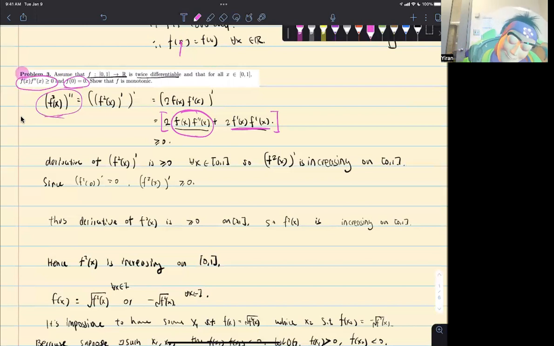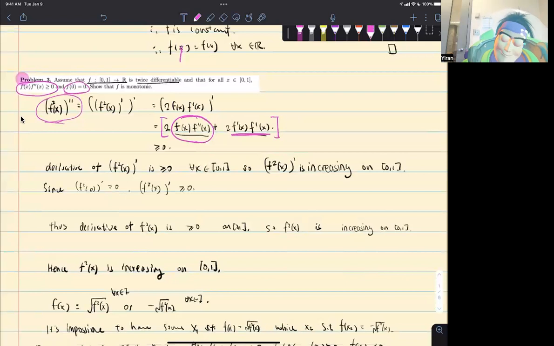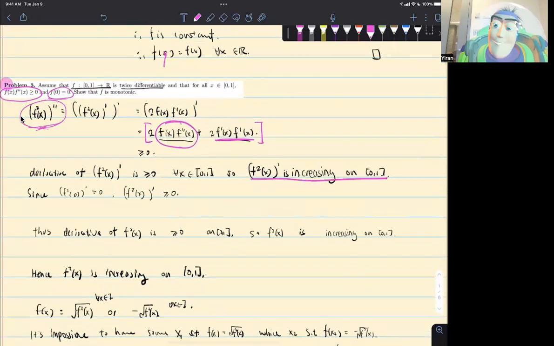Oh, I think I made a typo. I did make a typo. Sorry about that. So what I was thinking here is, since the second derivative of f squared of x is larger or equal than 0, that means the first derivative of f squared x must be an increasing function, right? So that means the derivative of f squared is an increasing function on this interval.